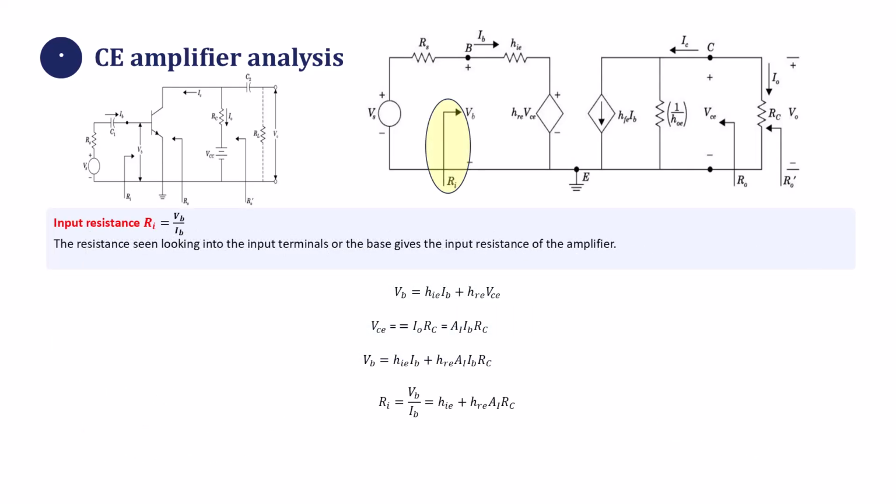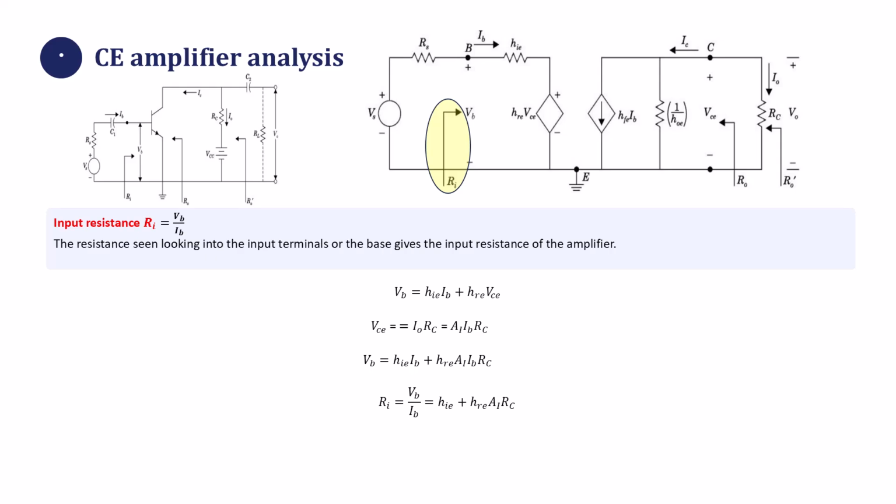Next, the input resistance Ri, defined as VB over IB. This is what you would measure looking into the base terminal. Writing KVL around the input loop gives VB equals HIE times IB plus HRE times VCE.